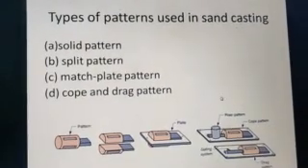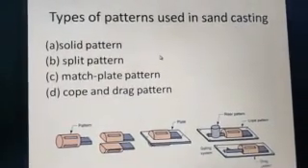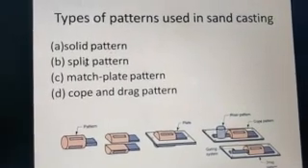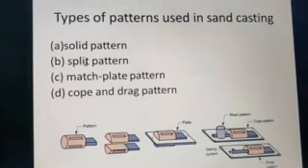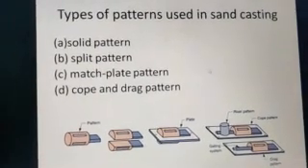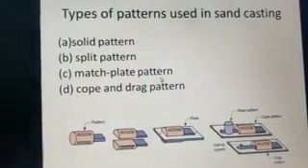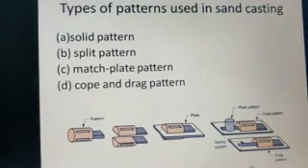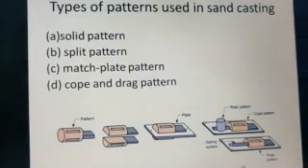So patterns can be of different types, starting off with a single solid pattern, the split pattern which consists of two halves, one for the cope, another one for the drag. Then there is the match plate pattern, which is used to avoid defects in casting like mold shift.